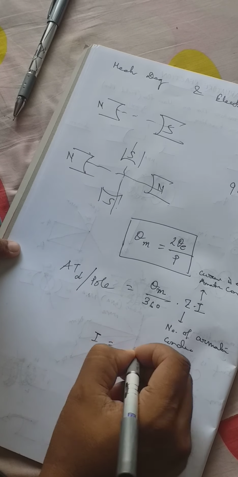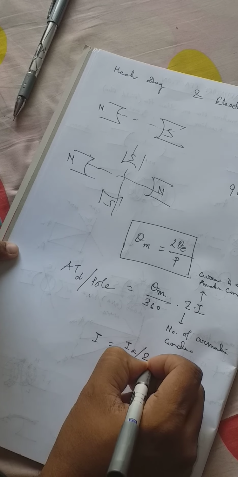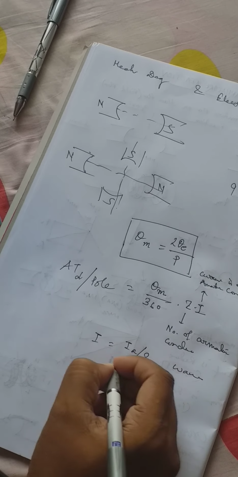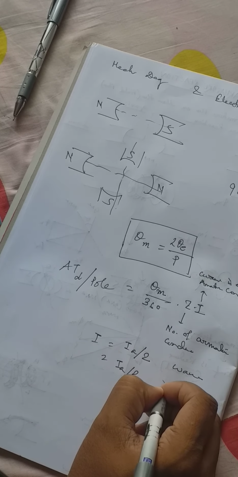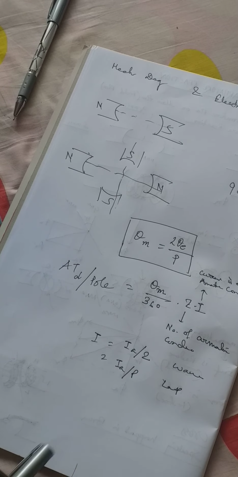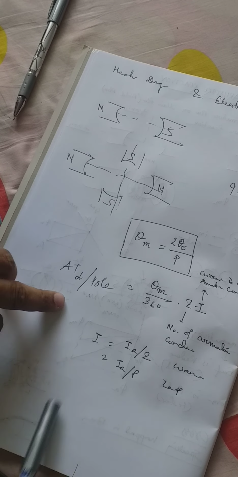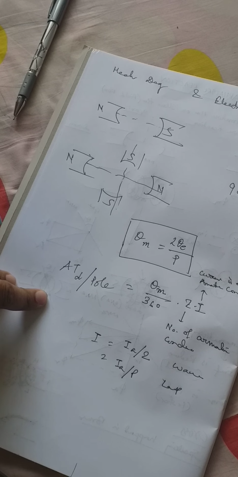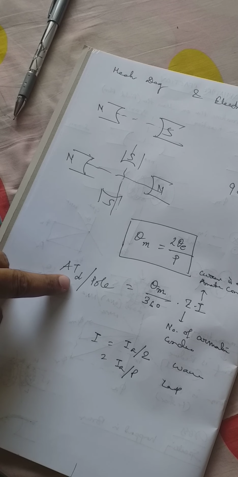So I is equal to Ia by 2 in case of wave winding, and Ia by P in case of lap winding. So we can get the ampere turns demagnetizing per pole.